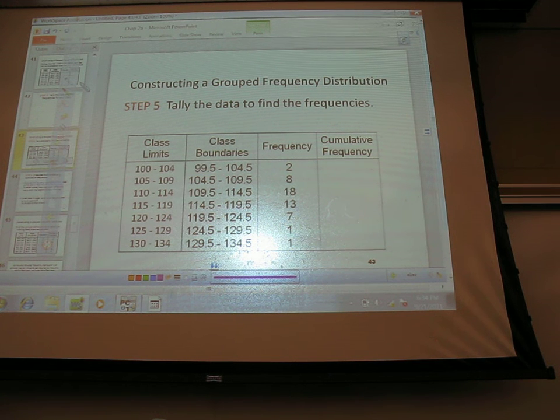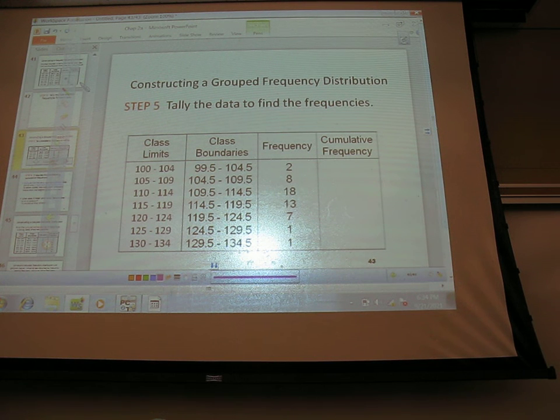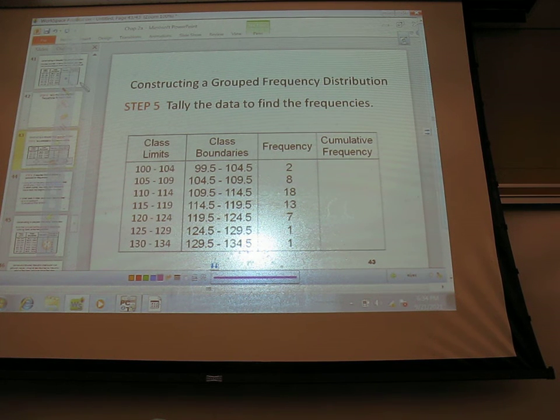So then once you get this, I want you guys to go and figure out the cumulative frequency. Find the cumulative frequency. So the cumulative frequencies are anything in that class or previous class. So you add the frequency up as it goes. Like 2 plus 8 would be 10 for the second class.